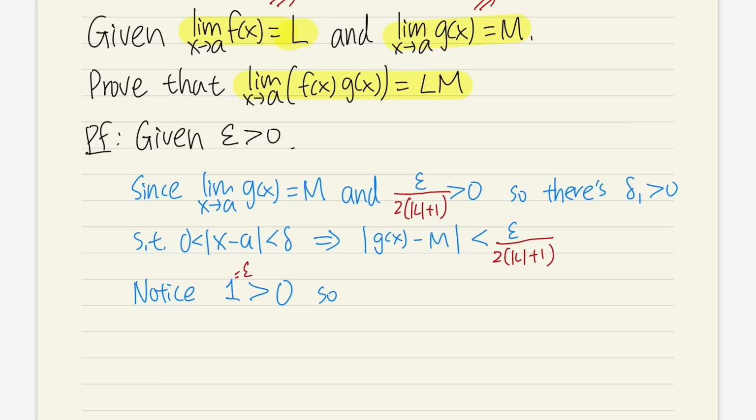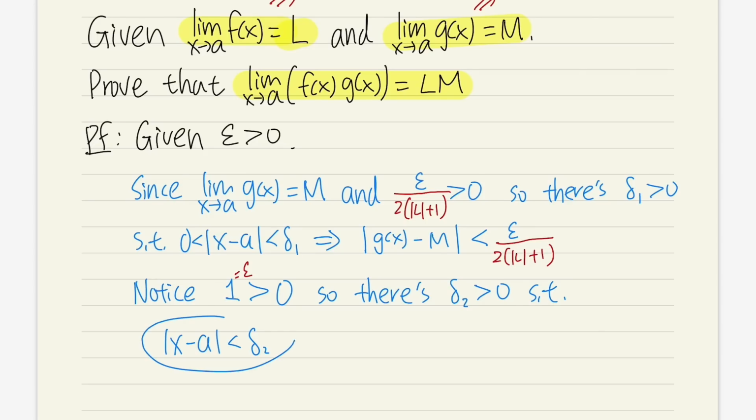So we know that there is another delta. I'm just going to say that delta 2 is greater than 0, such that when the absolute value of x minus a is less than delta 2, and just notice that this right here should have been a delta 1. Sorry about that.